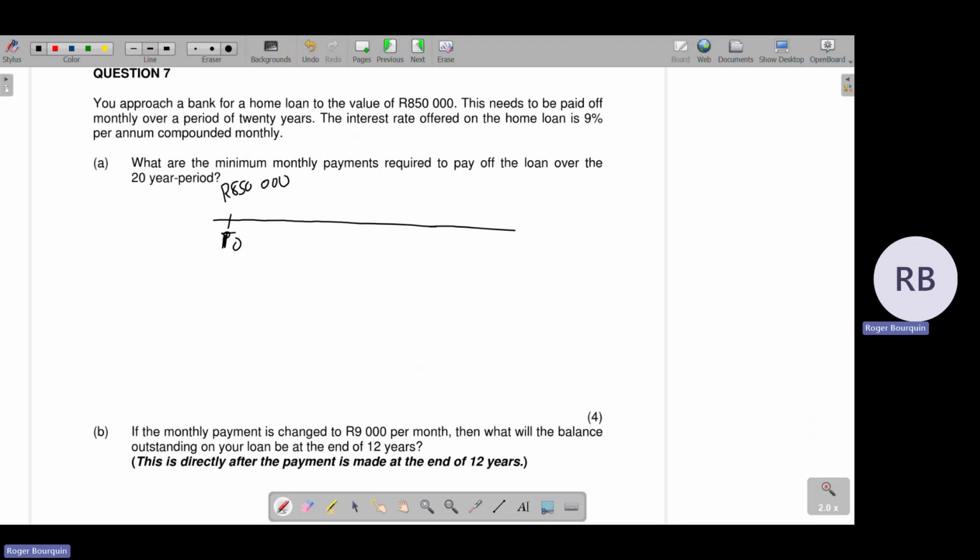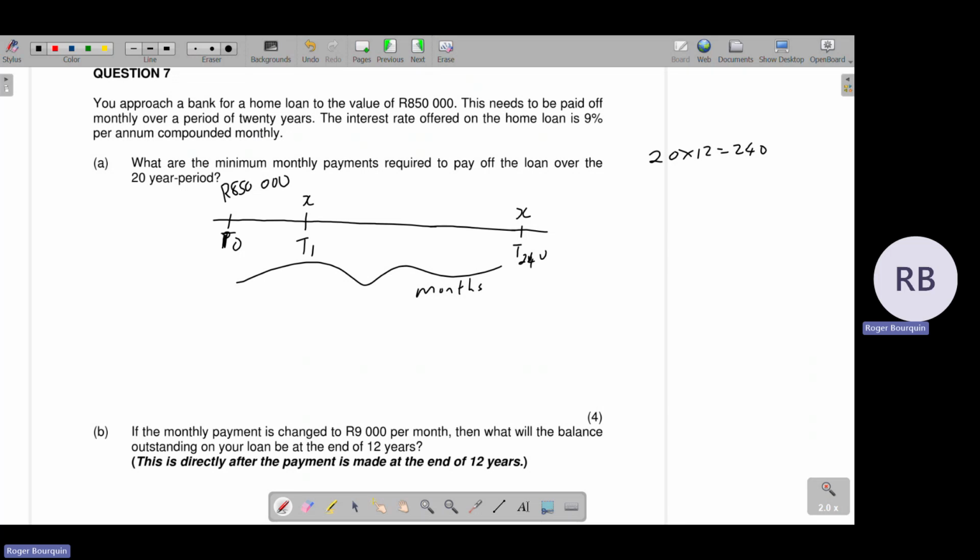You're going to pay off an amount X, in months, over a period of 20 years. So 20 times 12 is 240. So you're going to make 240 payments of some amount X. Do you agree?